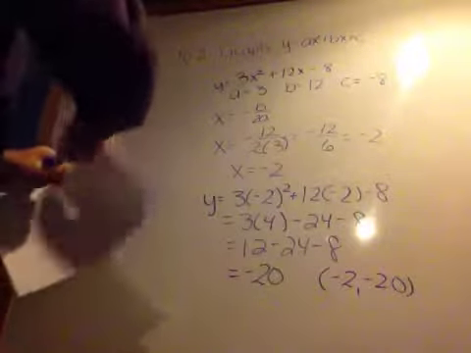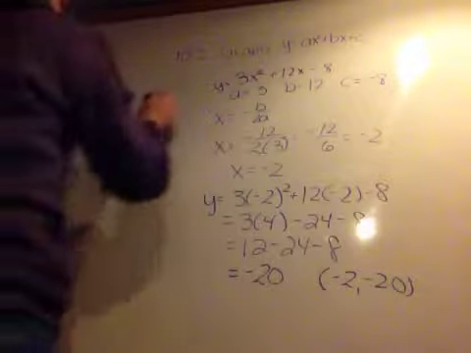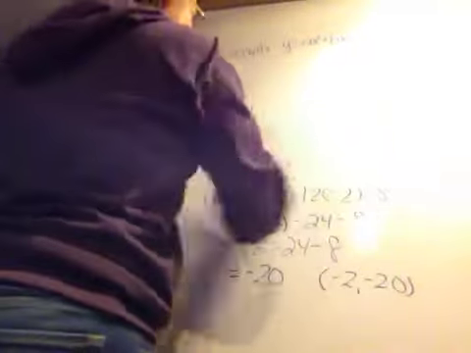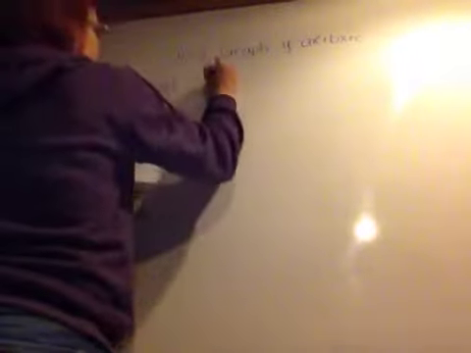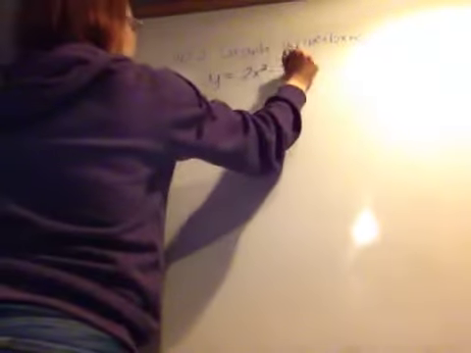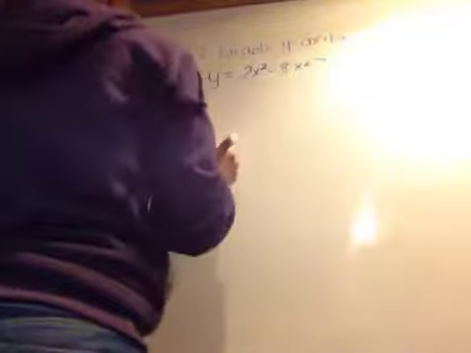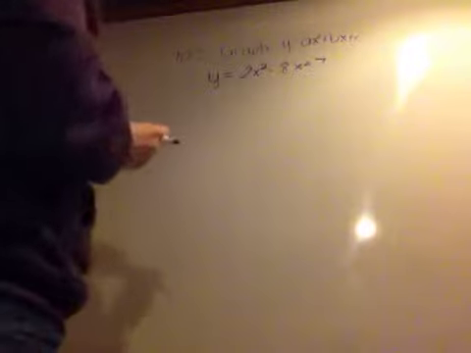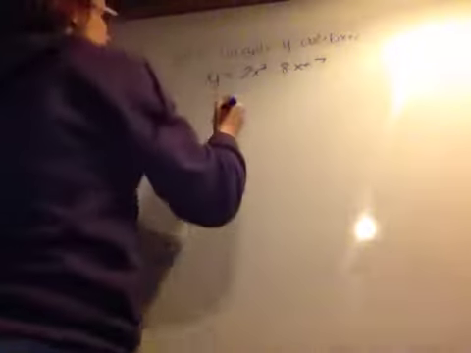Okay, so in the next example, I'm going to graph y equals 2x squared minus 8x plus 7. So I'm going to identify my axis of symmetry and my vertex.